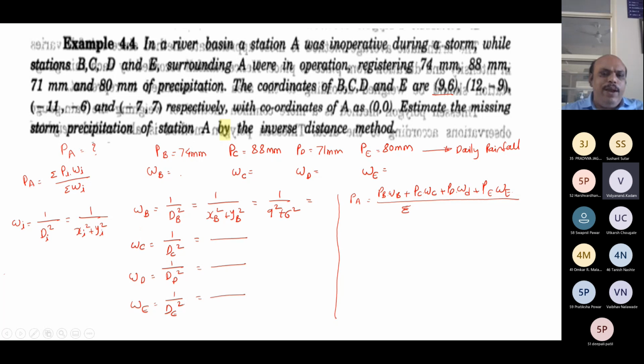When you get all these weightage values, then you have to multiply each daily rainfall record with its weightage, and then divide this with summation of W, that is Wb plus Wc plus Wd plus We. Then you get the final answer for Pa. Okay, so now you solve this and tell me what is the value of Pa.